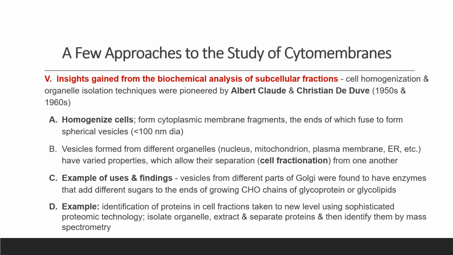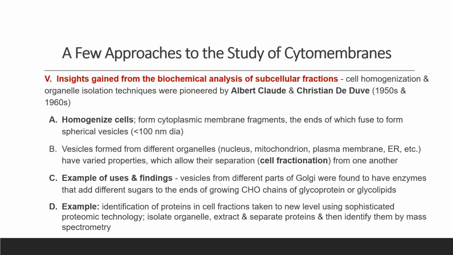So insights gained from the biochemical analysis of subcellular fractions. In this type of study, they used the technique of cell homogenization and organelle isolation, which was pioneered by Albert Claude and Christian de Duve in the 1950s and 1960s.